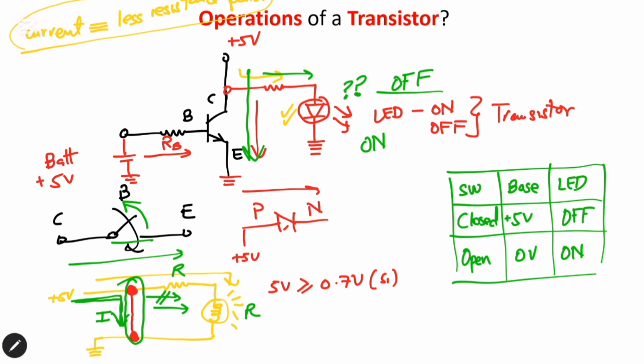In our later video, we will see some of the mathematical formulation of the current from the base and the emitter and current from the collector to the base. There are 3 modes of operation for a transistor. So in the later video, we are going to see that. But I believe in this video, by now you can understand how a transistor can be used as a switch in a circuit. I can also give you another example.